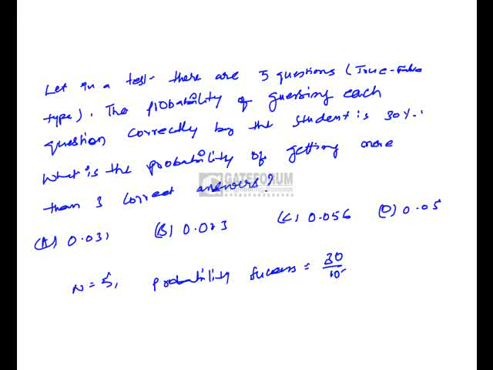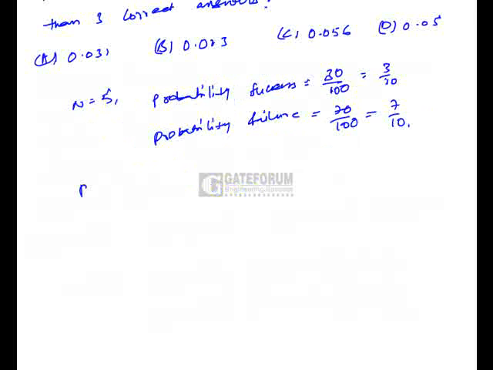That means 30 by 100, which is 3 by 10, and probability of failure is equal to 70%, 7 by 10. Here the question is, what is the probability of getting more than 3 correct answers? That means he is asking us to find P of X greater than 3.